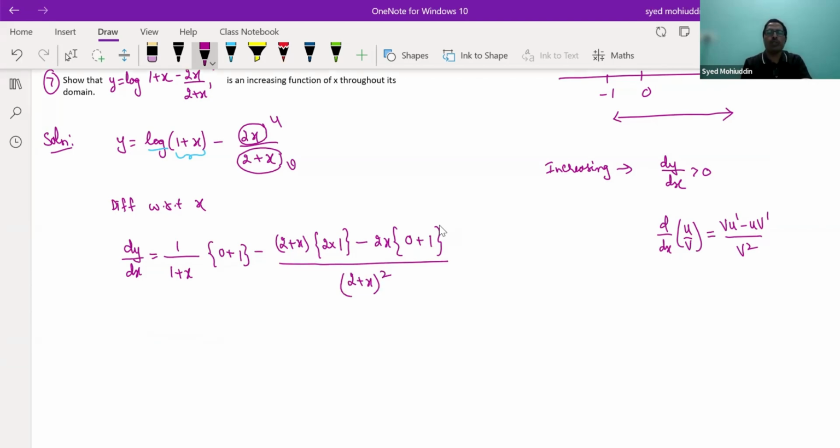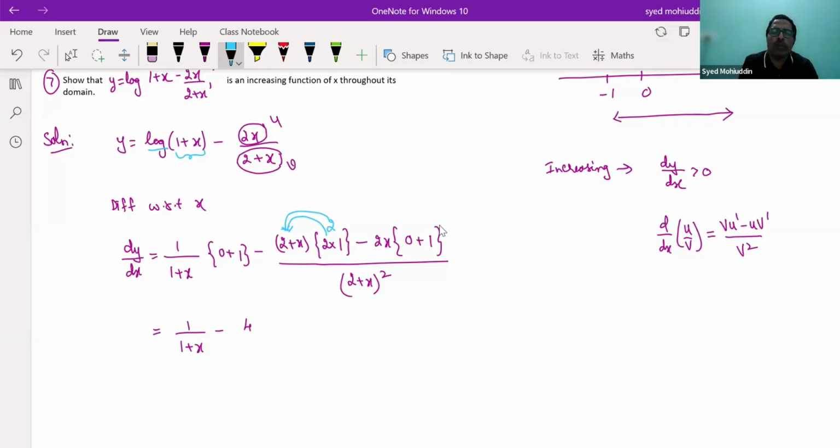This will be equal to 0 plus 1, which will be 1 itself. It is 1 by 1 plus x minus, here you're having 2. You try to multiply this 2 with this. This is 2 into 1, which gives you 2. So this 2 has to be multiplied by this value. 2 multiplied by 2 will give you 4.